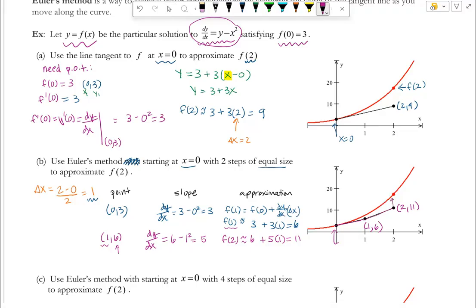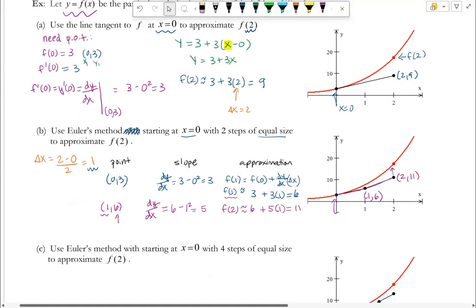We're getting closer to the actual point on our curve. So the better our approximation gets, that means we're going to have smaller and smaller delta x's. The more steps that we use, the closer we're going to get to our actual value. But as you're about to see, that can be kind of tedious.